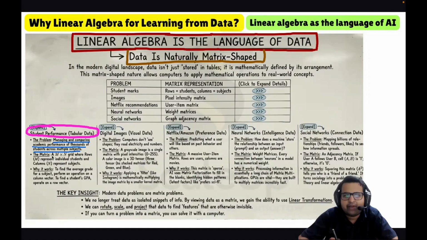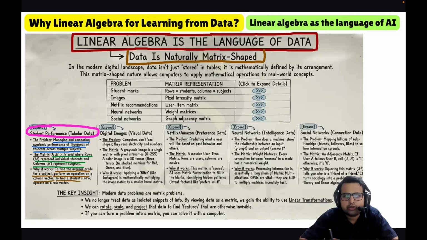We can have an M cross N matrix where rows represent the individual students and columns represent the subjects. And what advantage do we get? To find the average grade for a subject, perform an operation on the column vector.